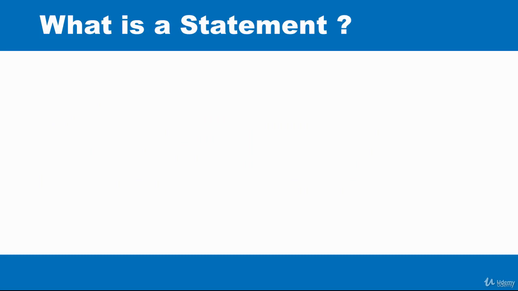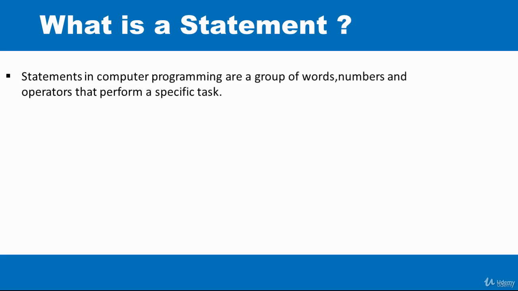What is a statement? In computer language, a statement is basically a group of words, numbers, and operators that performs a specific task. This group of words could also include things like comments.